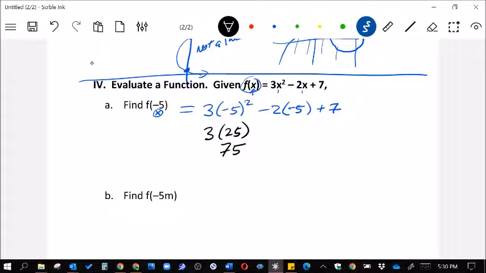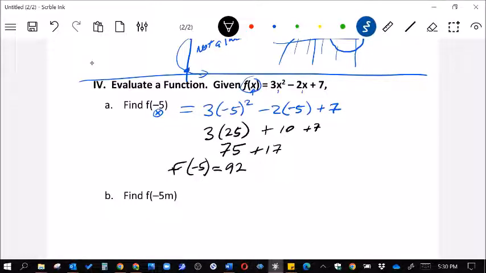All right, which means you get a 75 here. And here, these two negatives make a positive 10. Okay, so you get an answer of 92. So the function, when x is negative 5, has a result of 92.